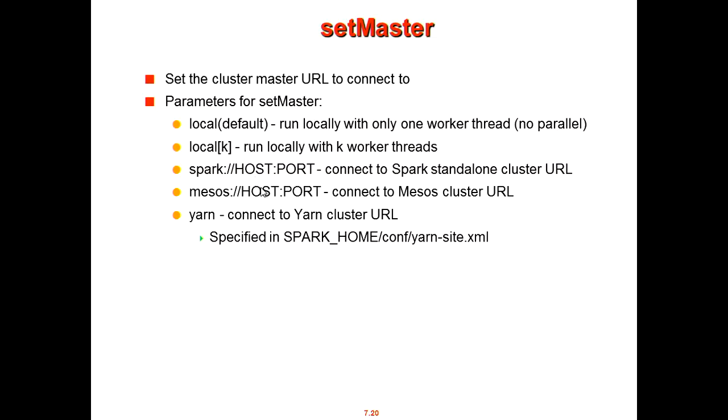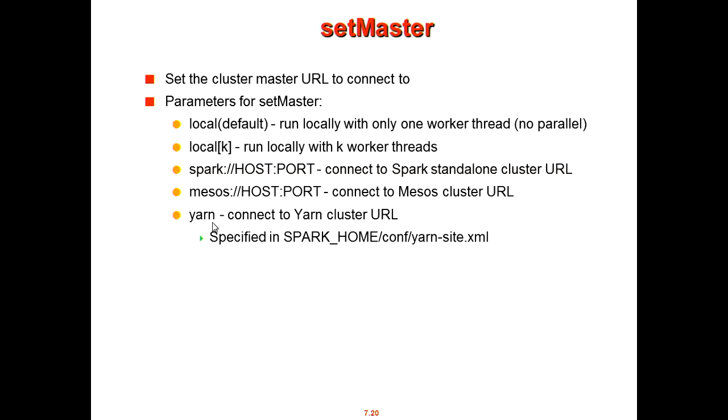For the others that really run in a cluster, such as spark://host:port, this will connect to Spark's own cluster URL. So Spark has its own cluster manager. And if you specify this, it means that your program will utilize Spark's master cluster manager to do the management. So this is the Spark manager. And you can also use Mesos, which is another cluster manager, also an Apache project, or YARN.